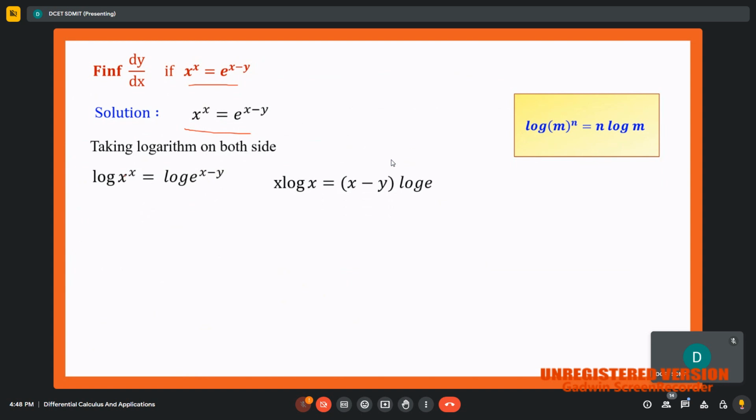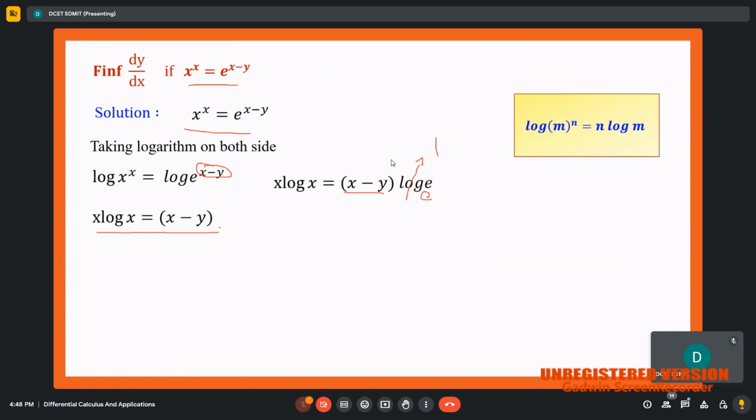That means log x to the power of x is nothing but x log x, equal to x minus y into log e. What is the value of log e? Log e is always equal to 1, because log e to the base e is always equal to 1. What's the left term then? x into log x is equal to x minus y.